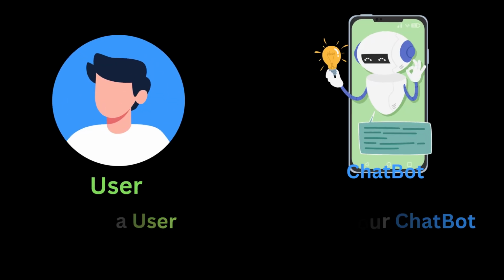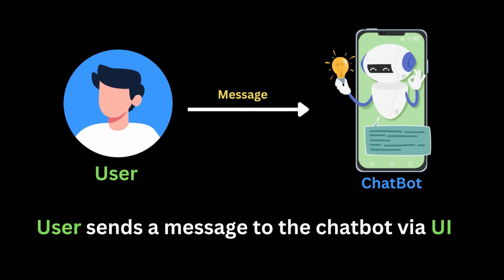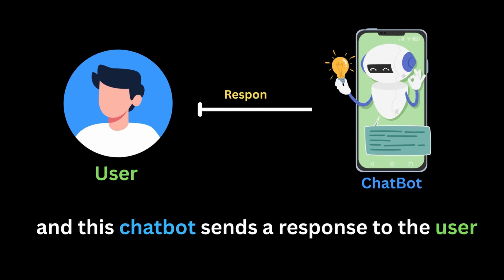Okay, now that you understood the core concepts and process, let's dive into how we actually create the chatbot. Imagine a user who wants to interact with our chatbot. The user types a message into the chatbot through the UI, and the chatbot then sends back a response. Here's how it works.